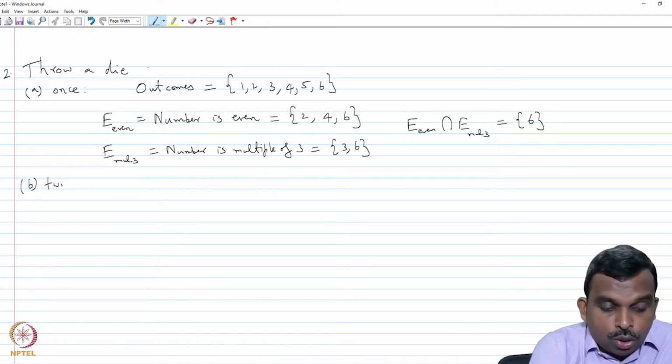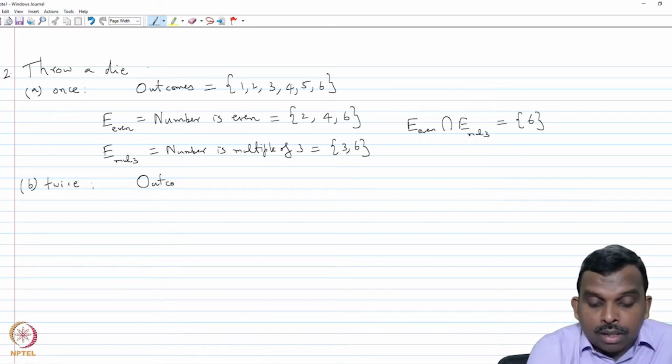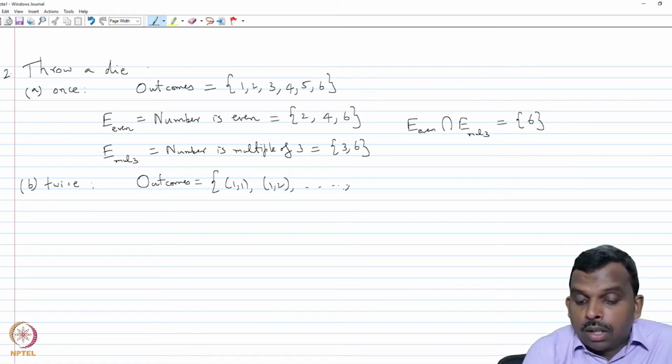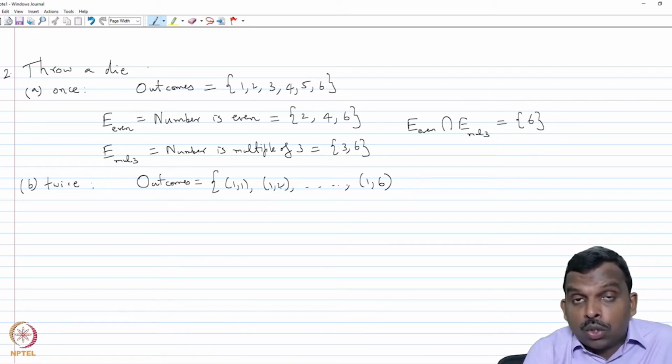So now let's say you throw a die twice. Now the outcomes are a little bit bigger. You have 1 comma 1, 1 comma 2, so on till 1 comma 6. What does this mean? The first throw was 1, second throw was 1. 1 comma 2 means the first throw was 1 and the second throw was 2. 1 comma 6 means the first throw was 1, second throw was 6.